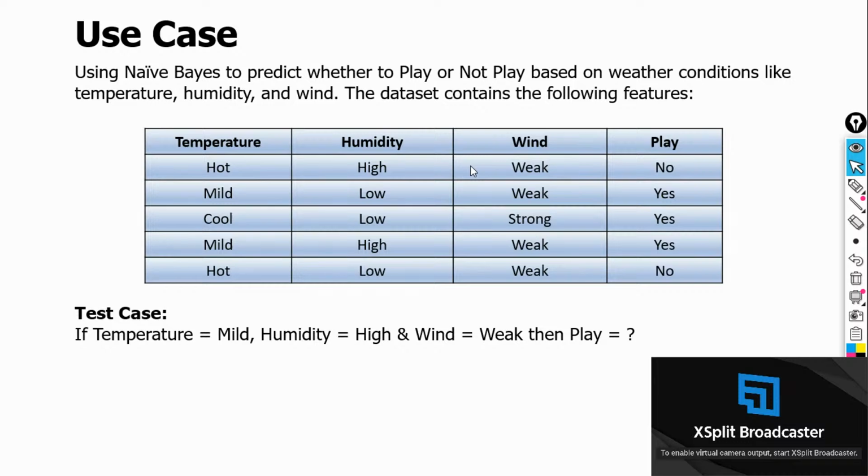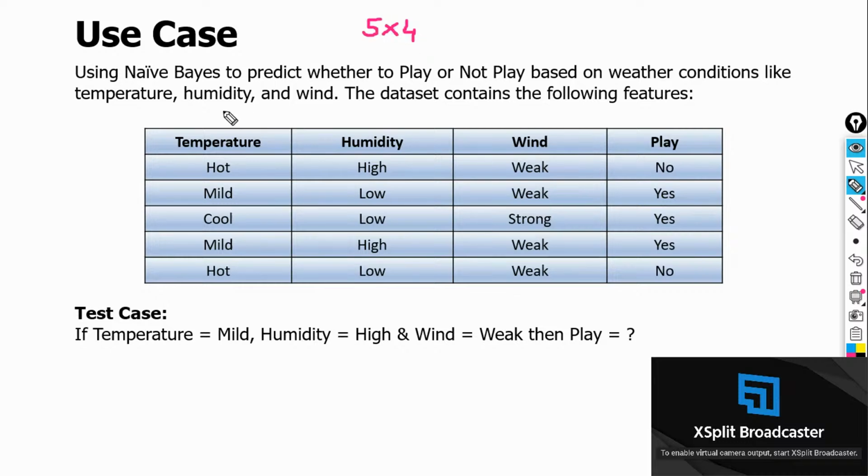Out of four columns, three columns are inputs. We have four columns and how many rows? One, two, three, four, five. So my size of data set is 5 by 4. 5 columns, sorry, 5 rows, 4 columns.